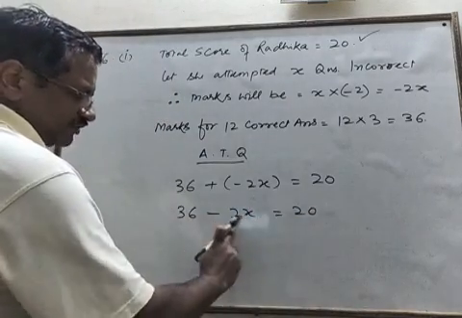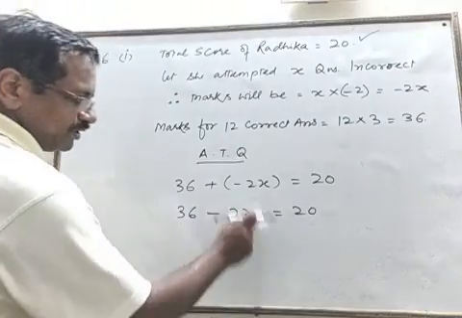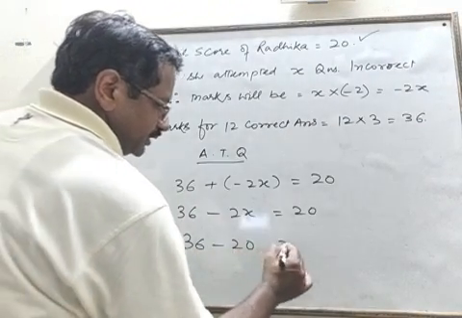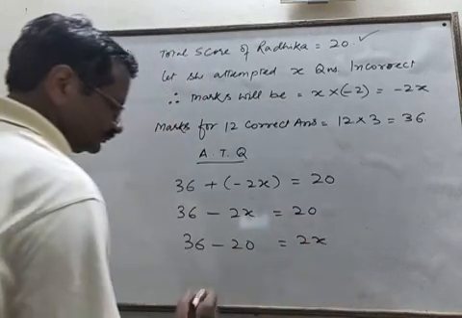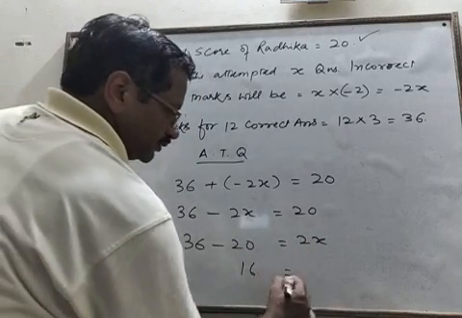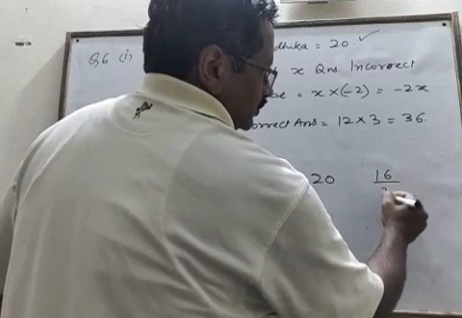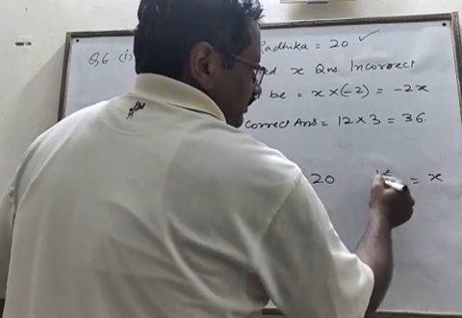Take the 20 to this side, minus 2x to that side, so that it become positive. 36 minus 20 equal to 2x. 16 equal to 2x. 16 upon 2 equal to x.